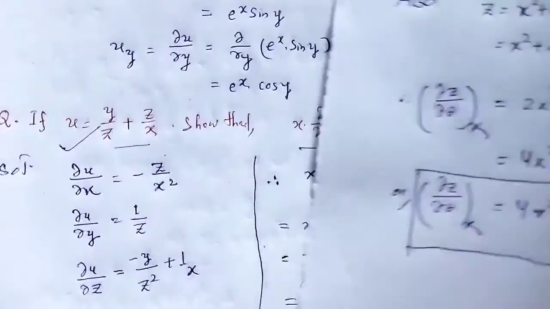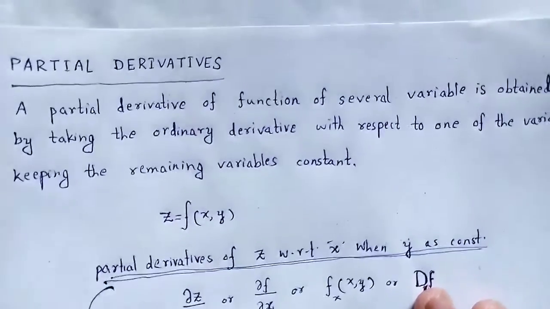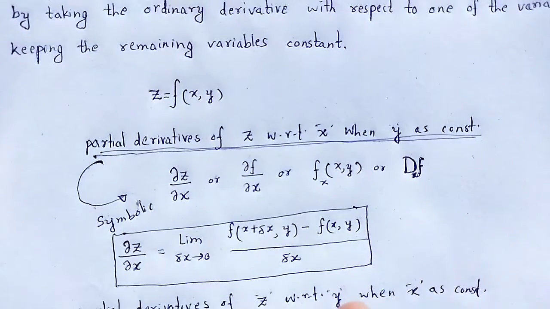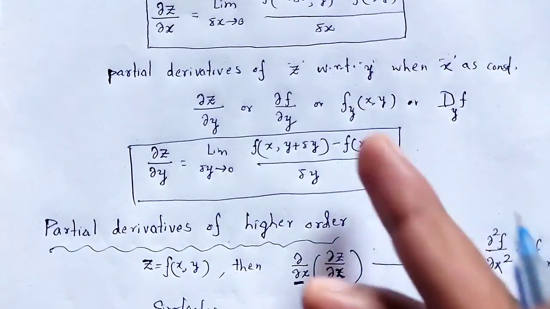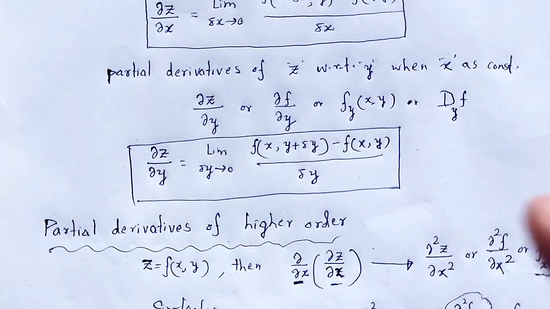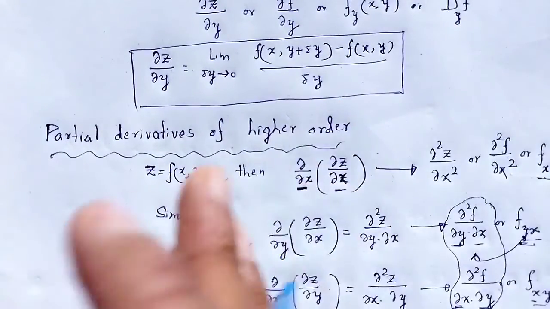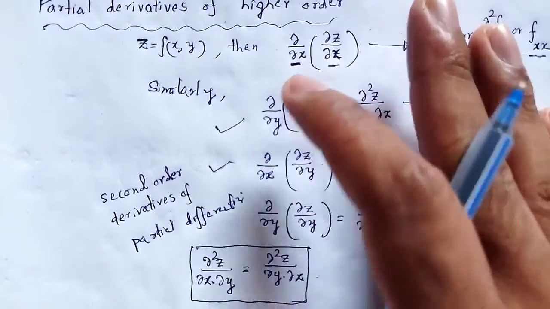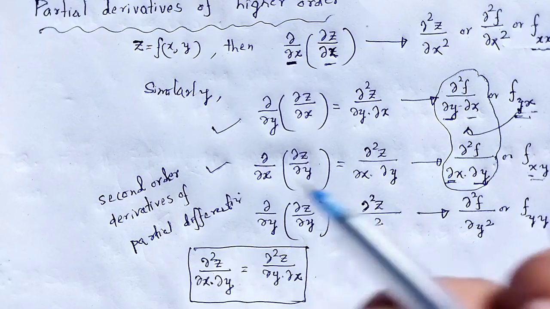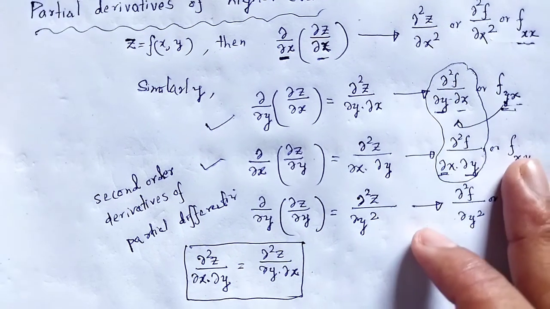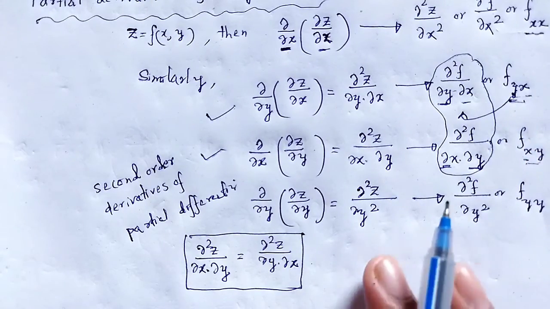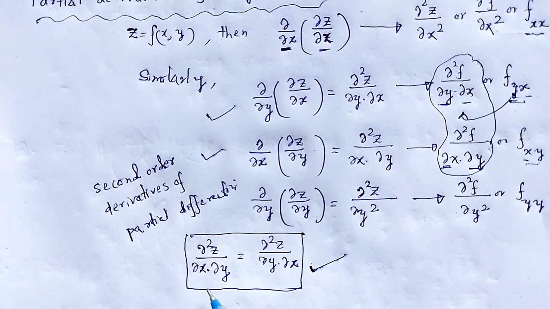So in the entire video lecture we discussed the concept of partial derivatives and how we write them, and by using the definition we mathematically represent these partial derivatives and some symbolic representations, and partial derivatives of higher orders, that is we take an example of second order partial derivatives, and we take a note that del square z by del x del y is equal to del square z by del y del x.